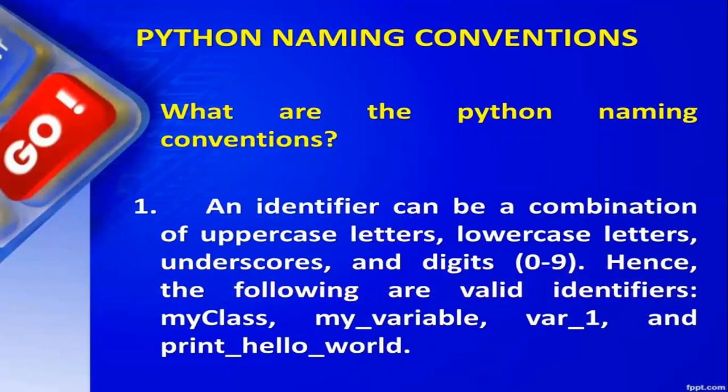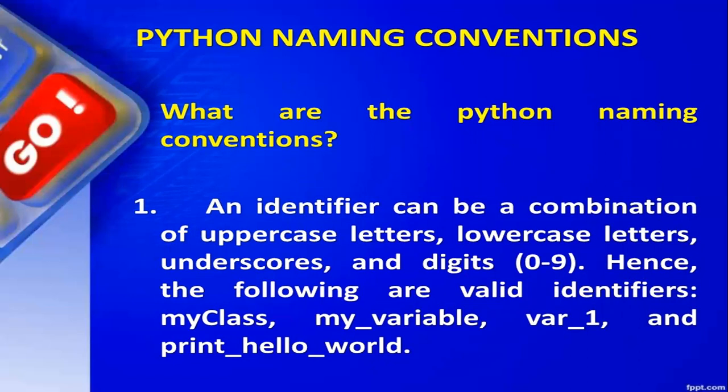An identifier can be a combination of uppercase letters and lowercase letters, even underscore and digits. I repeat: uppercase letters, lowercase letters, underscore, and digits.